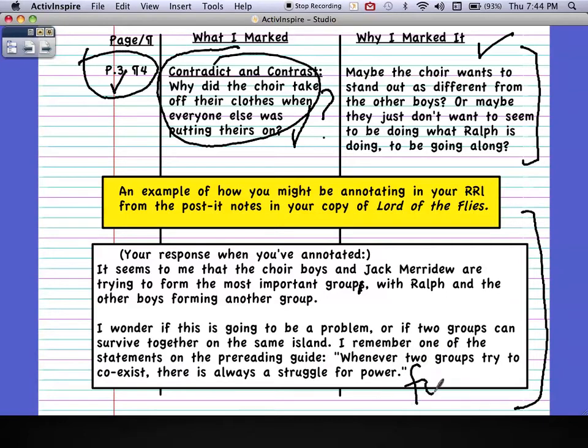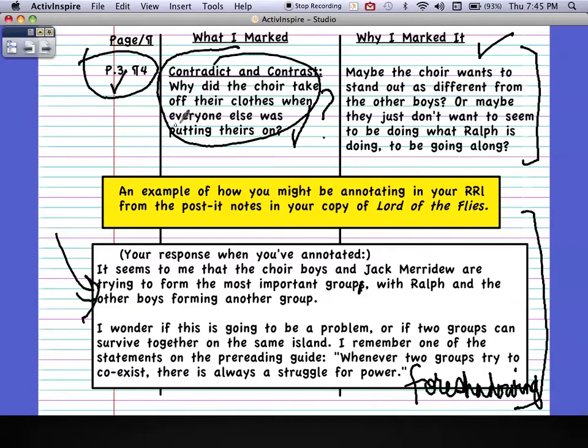Is this foreshadowing? Is this where the conflict is going to be? That it's going to be a conflict between Ralph's group and Jack Merridew's group, the choir boys group? Is this why the author laid the contradiction and contrast clue in the text? I don't know. But this is what an annotation might look like. And this is what's going to help you discuss when you get to seminar.